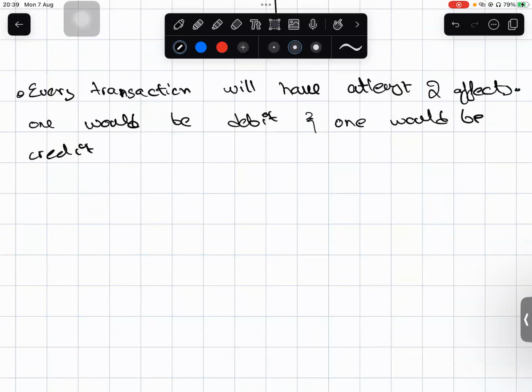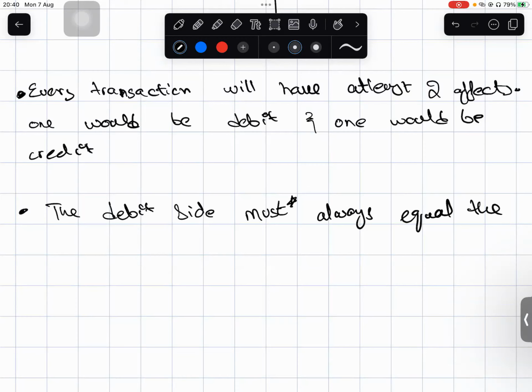So this is the first thing. And the second thing is that the debit side must always equal the credit side. It's very basic.